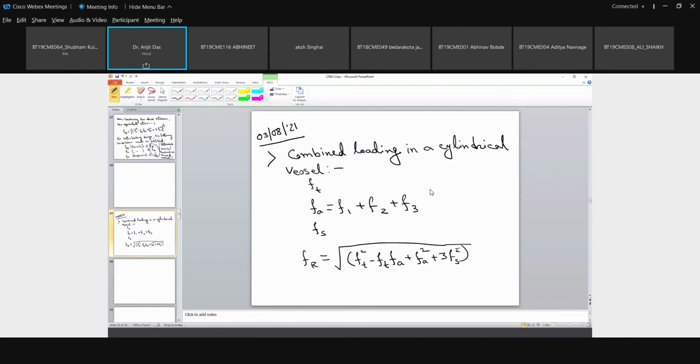And some satisfaction criteria, or the checking criteria for a satisfactory design, is also given.